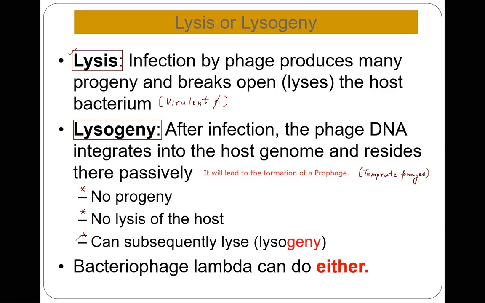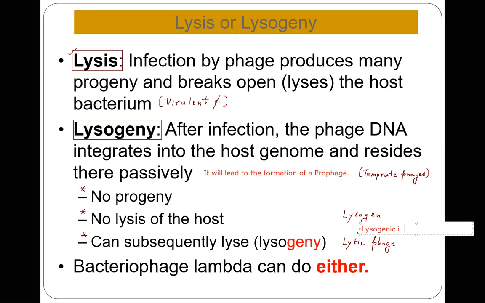There is a phenomenon in which a lysogen can get converted into a lytic phage, and this interconversion of a lysogen into the lytic phage is commonly referred to as lysogenic induction.